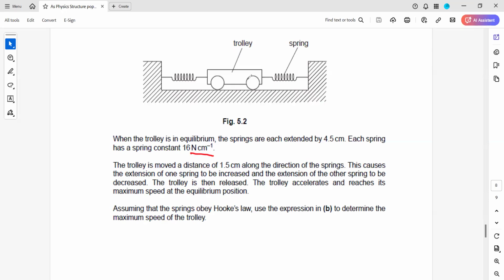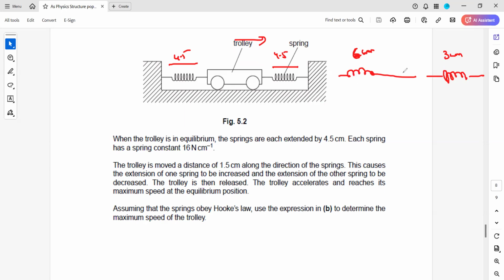The trolley is moved a distance of 1.5. Both springs have an extension of 4.5 and 4.5 in equilibrium. But when the trolley is moved a distance of 1.5, one spring will be compressed, so it will have an extension of 3, and the other spring will be stretched to 6 centimeter.